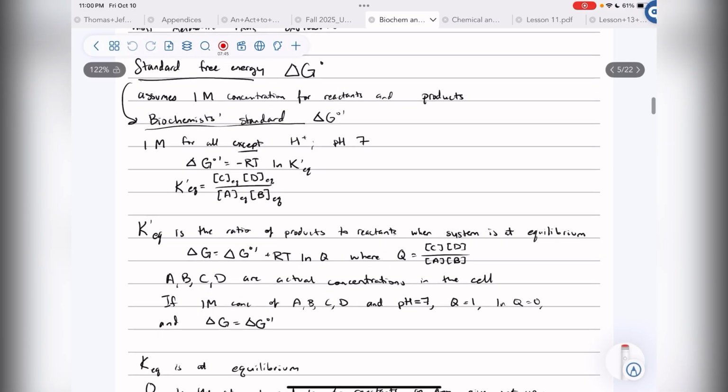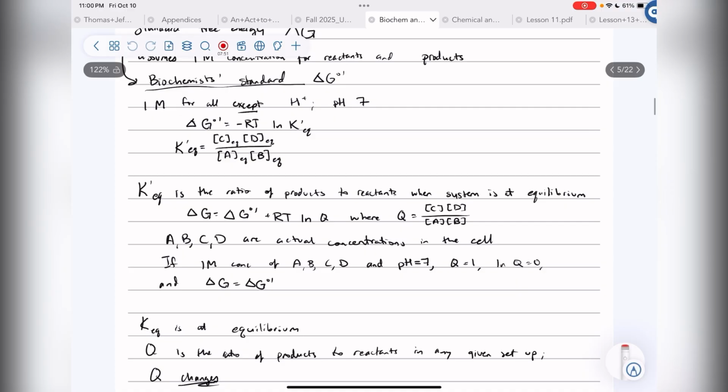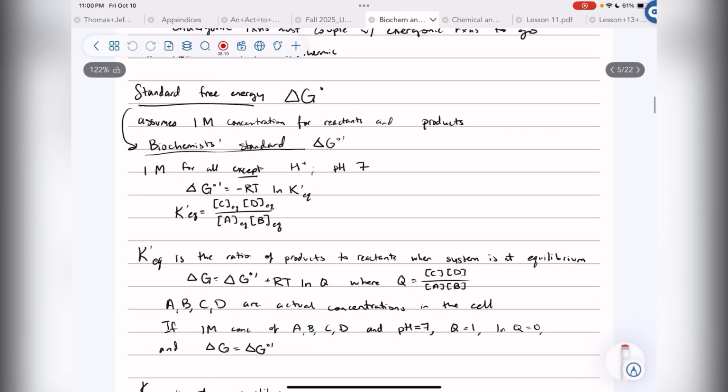Okay, so that's your delta G standard equation, and then your delta G. Your delta G standard is the spontaneity of your reaction at this standard situation, right?